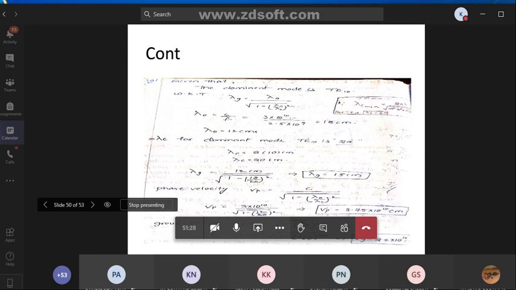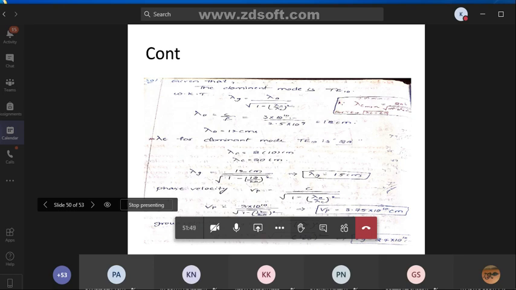So for the dominant mode, that is for TE10 mode, lambda c equals 2a. TE10 means here m equals 1 and n equals 0, right?